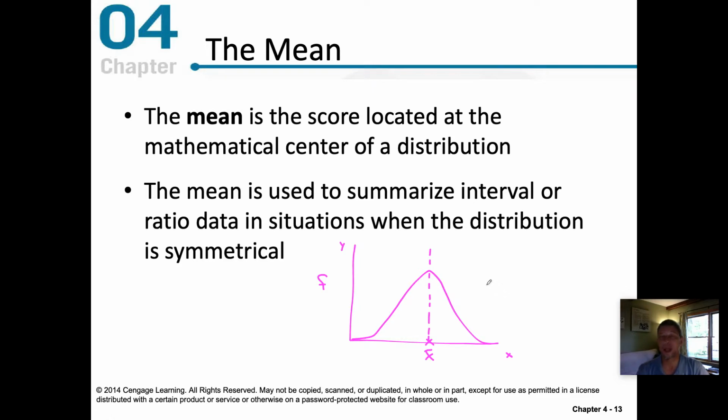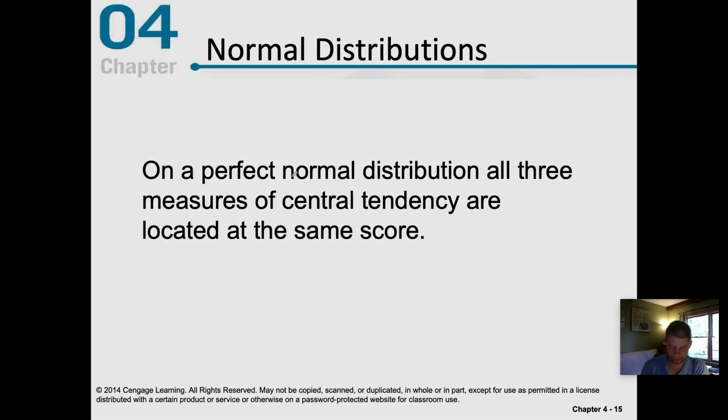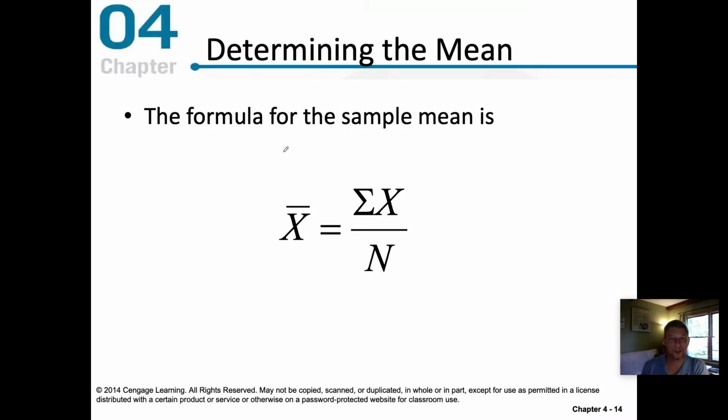Now, how do you calculate the mean value for a set of scores? Well, it turns out that this is a fairly easy calculation. You simply sum all of the values of x divided by the number of values of x, and that gives you the mean. So this is the mean.